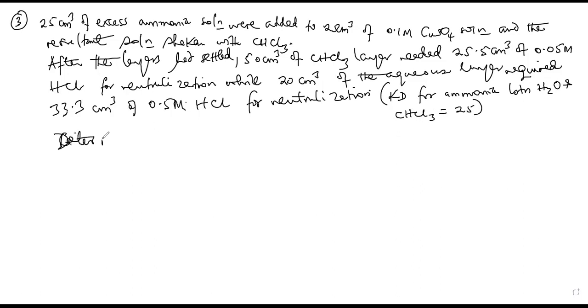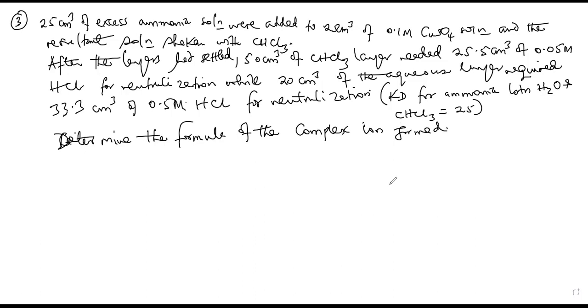Determine the formula of the complex ion formed. Now for this case, they have not given you the question in bits. They have given it at once: determine the formula of the complex formed.